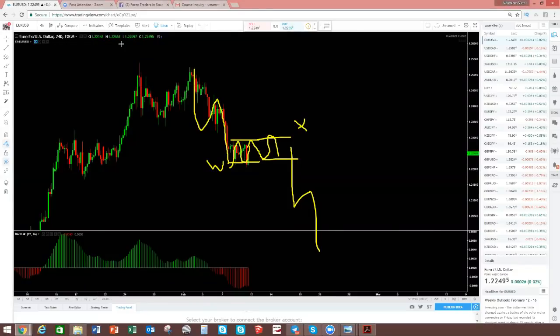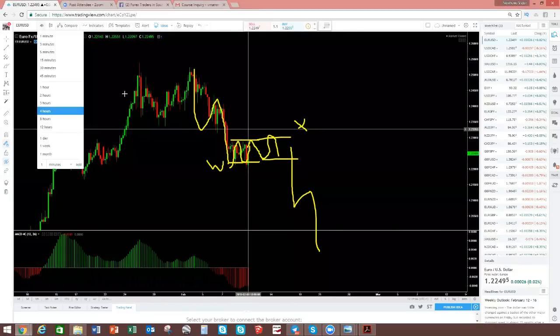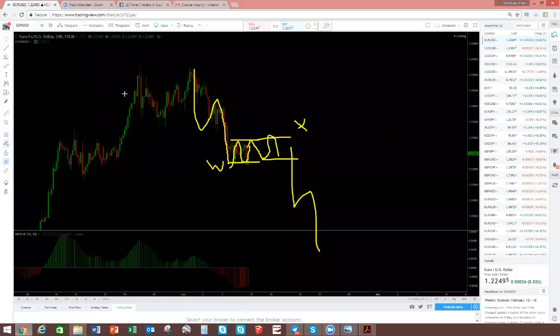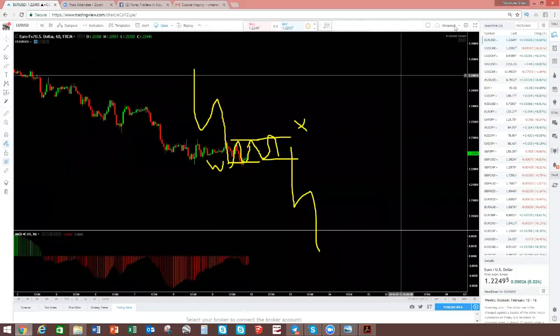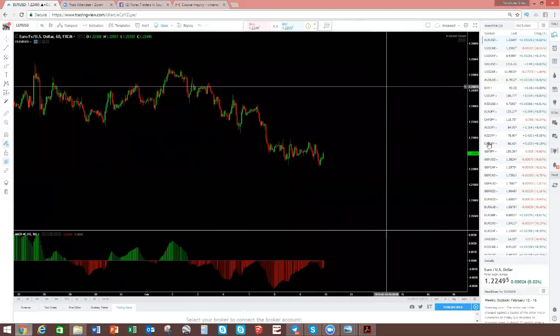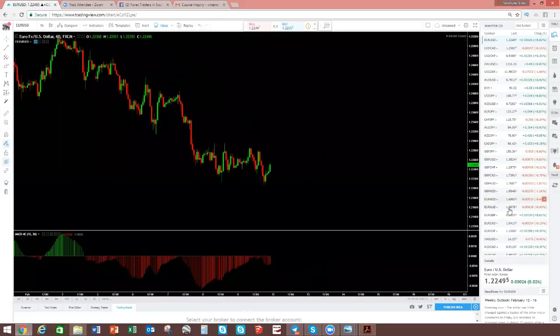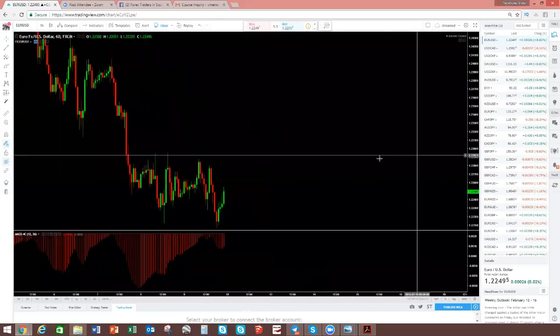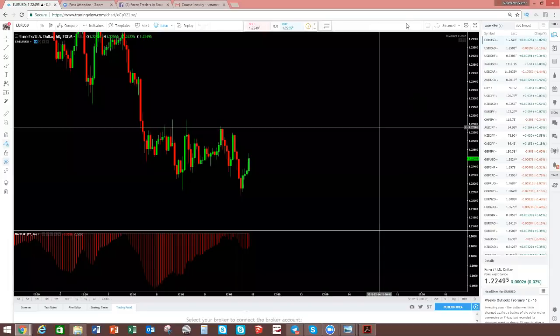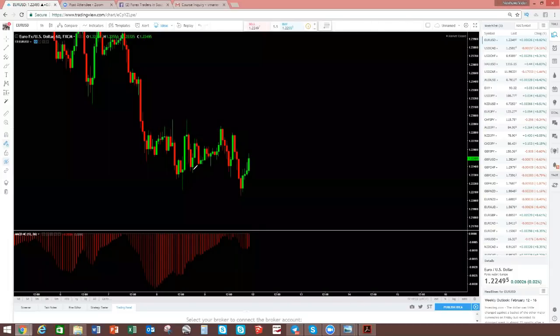So let's go into the 1 hour time frame. There's a very interesting structure within this flag. I'm going to go into that flag now. That's the 1 hour. A textbook example of a complex correction. You've got an impulse here. I'm going to use a different color to indicate that.